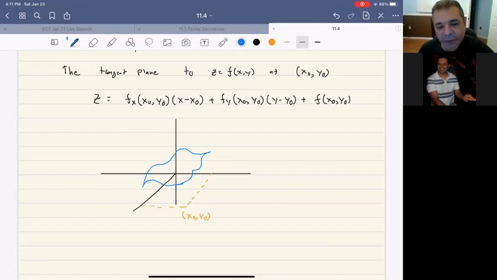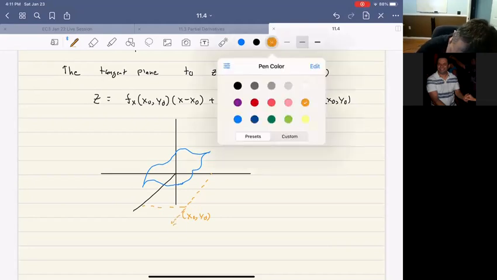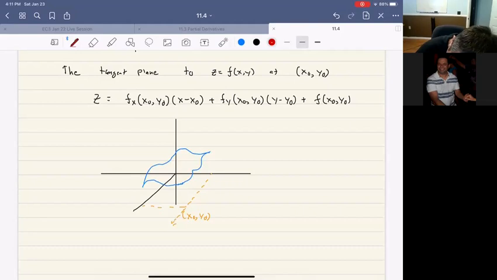Okay, and so what we're really doing is taking the derivatives in both the x direction and the y direction. So in the x direction, as we go in this direction, we're going to have a curve there.